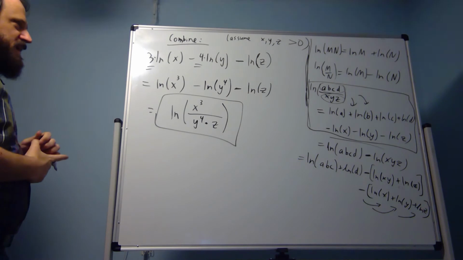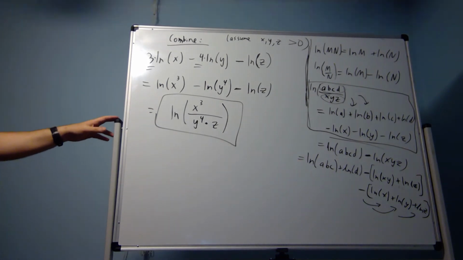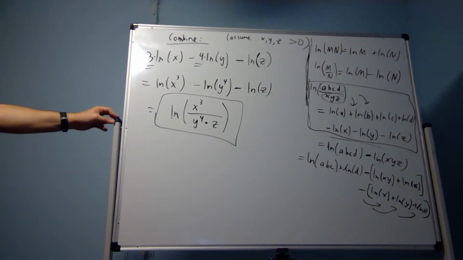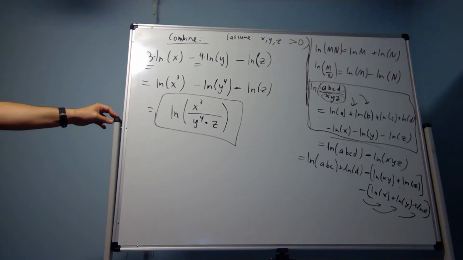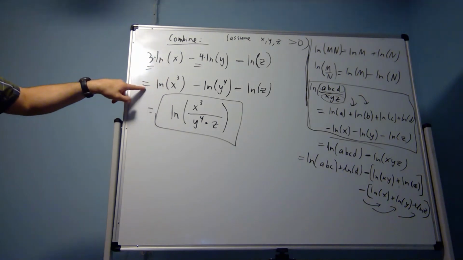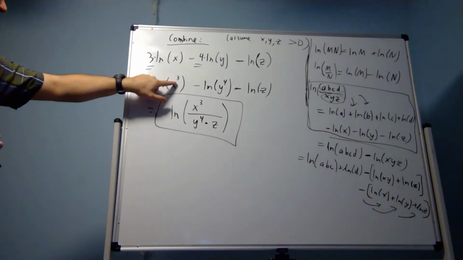It's just how do you combine logarithms? Well, they better have the same base, or else these have nothing to do with each other. If all your logarithms have the same base and you're just adding and subtracting constants times log of something, the multiple on the outside becomes an exponent on the inside.